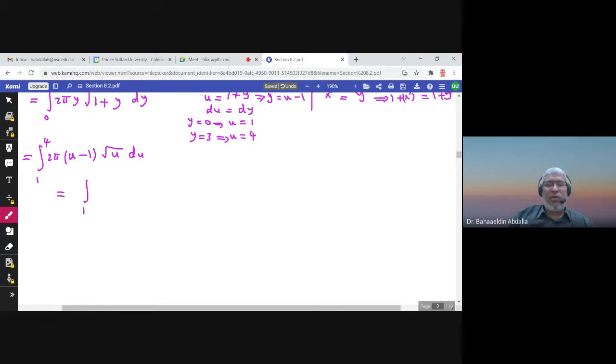You write it from 1 to 4, 2 pi, you can take the 2 pi out. u to the power 1 times u to the power half would be u to the power 1 plus half, which is 3 over 2, minus u to the power half du. Then it would be u to the power 3 over 2 plus 1, which is 5 over 2, minus u to the power 3 over 2 times 2 over 3 from 1 to 4, and you find the answer.